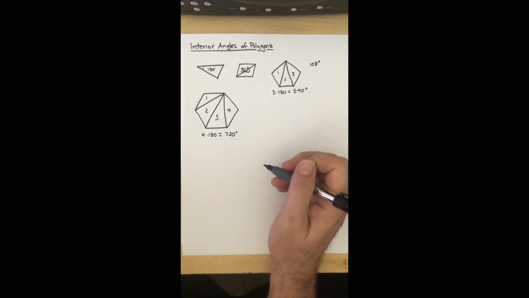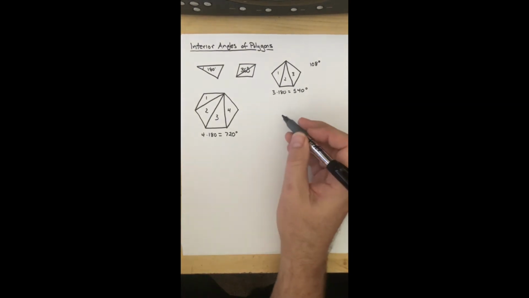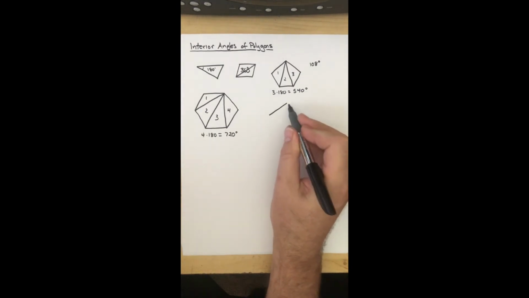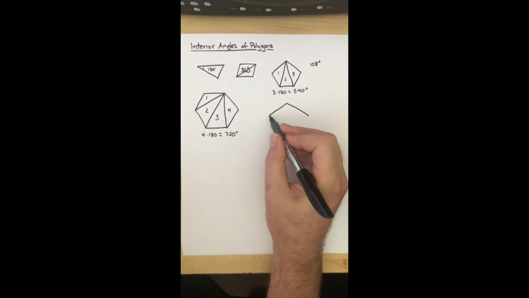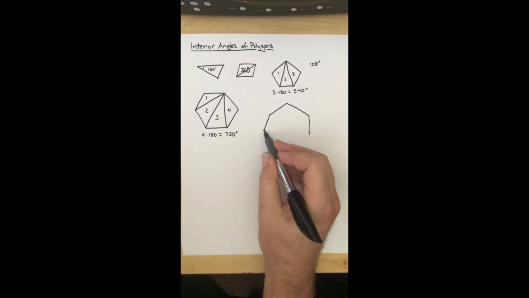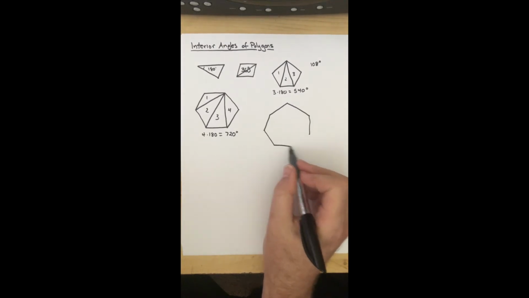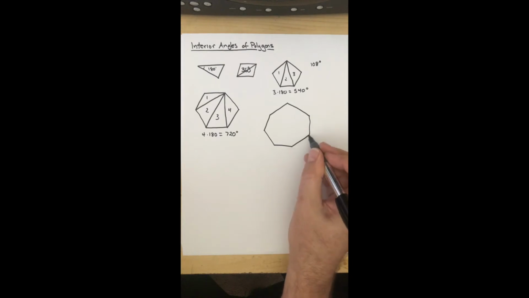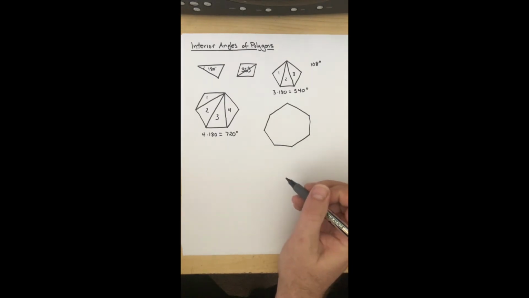Okay. Well, could I give you a 7-sided shape? I guess so. Let's try it out. 1, 2, 3, 4, 5, 6, 7. Ooh, that's weird looking.